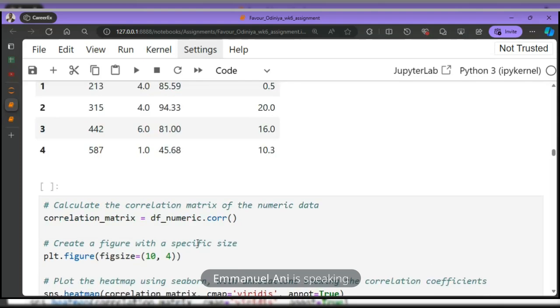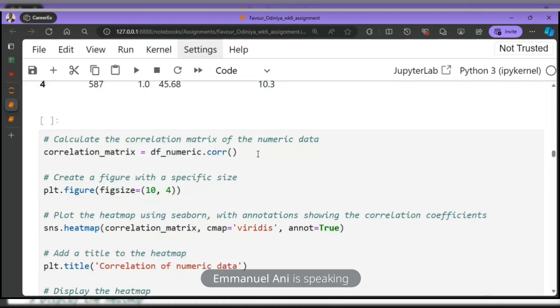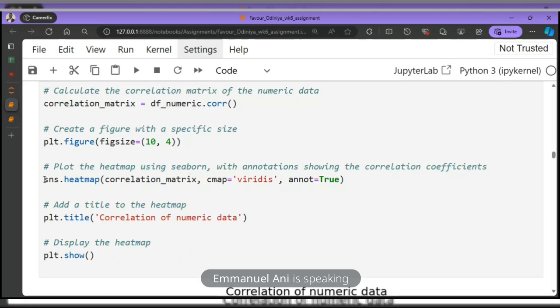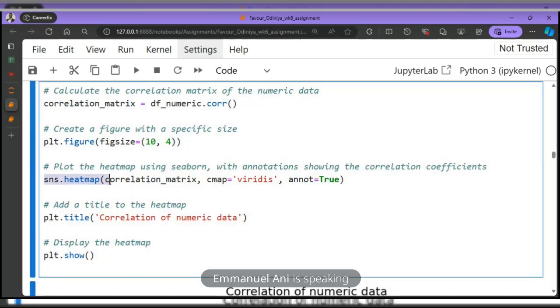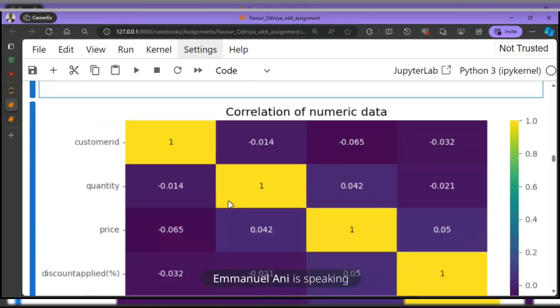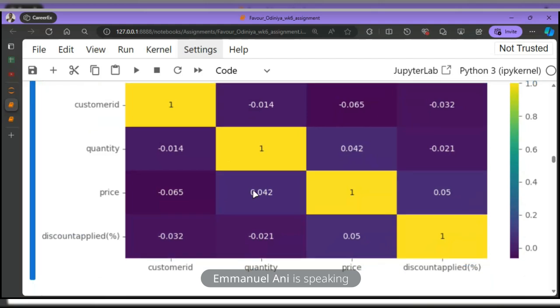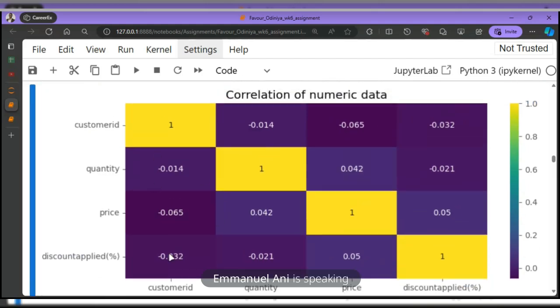So how we do that is by using the corr function. You can do all of this and as well use the Seaborn library to plot the heat map. Whenever you are getting correlation, it's always advisable that you use your heat map. All right, so your heat map is basically going to map the correlation value between variables in your data set.